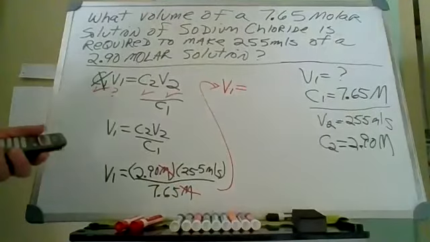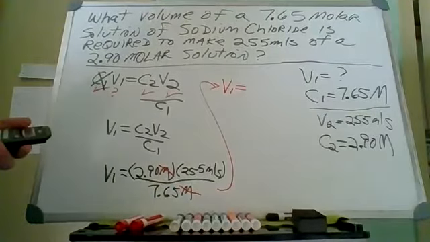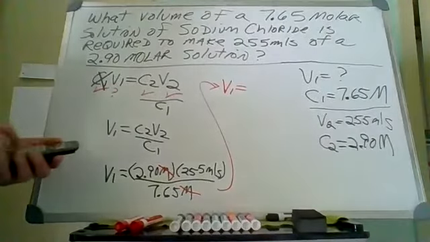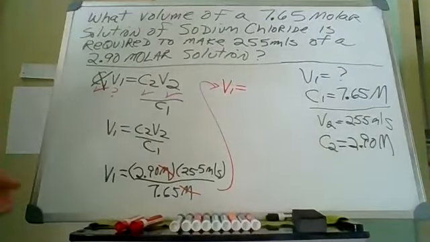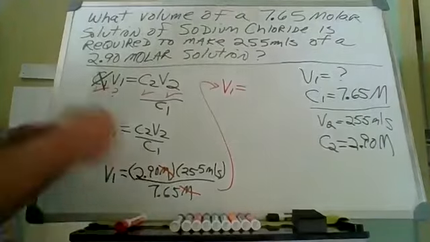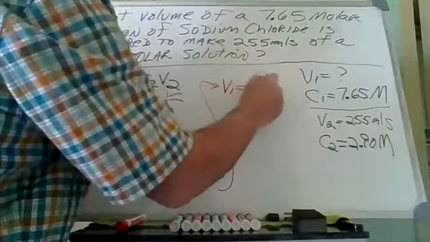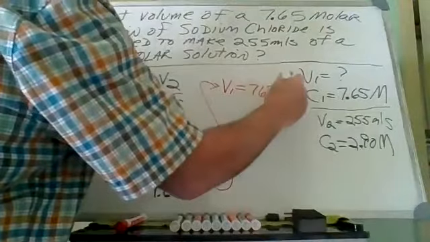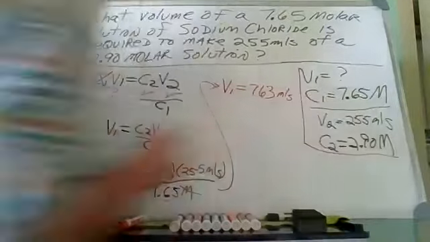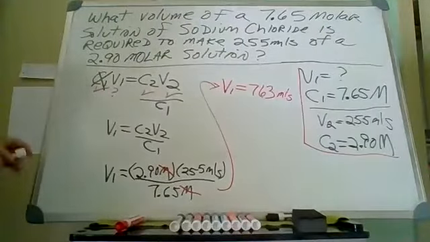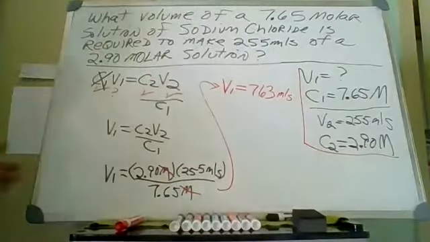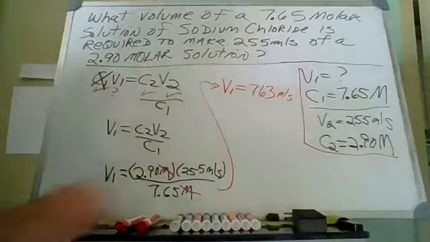All right, 2.90 times 255 equals, divided by 7.65 equals. Okay, and I get 763. And my only unit left is milliliters. All right. Again, I apologize for cramming everything together and having to come up here, but I have a limited amount of space to work with.